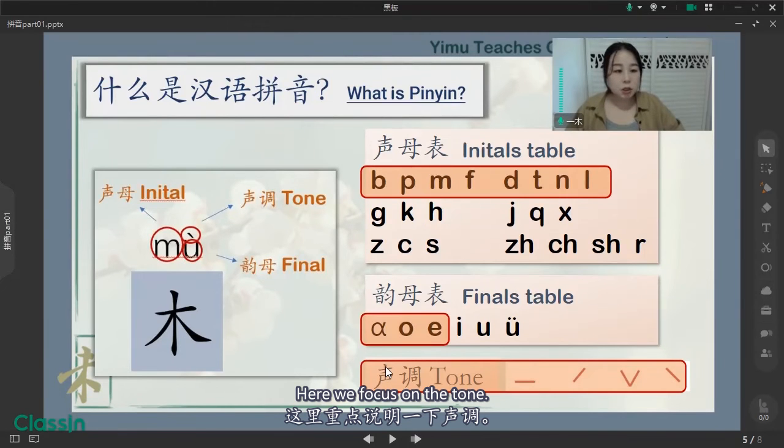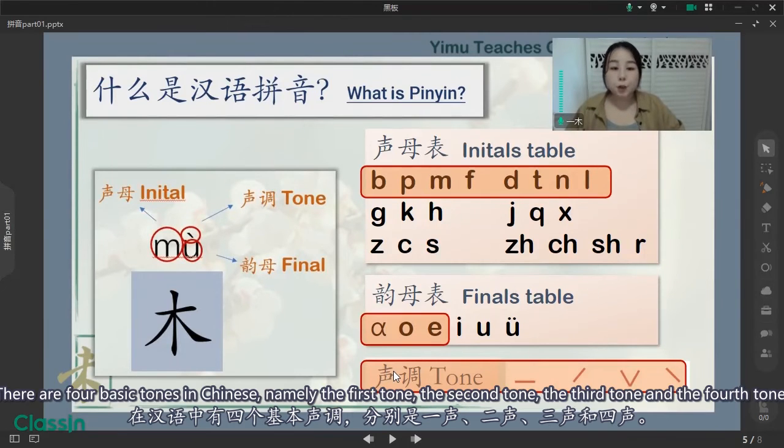Here we focus on the tone. There are 4 basic tones in Chinese, namely the first tone, the second tone, the third tone, and the fourth tone.